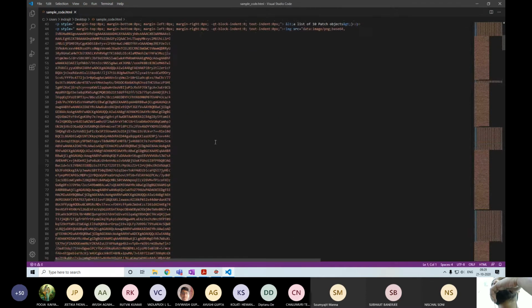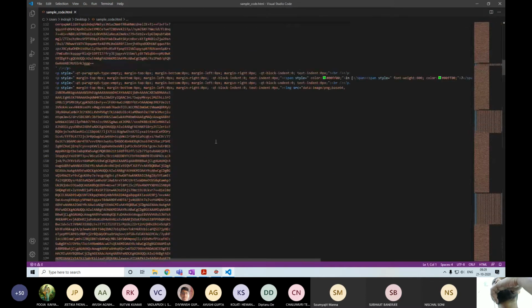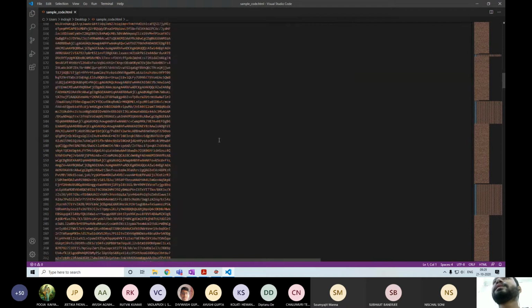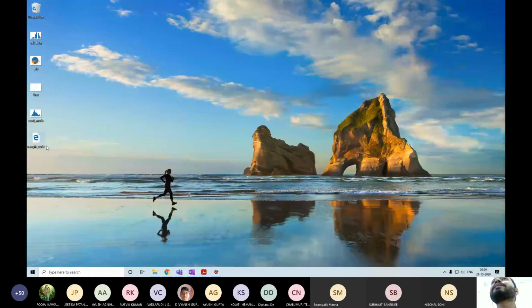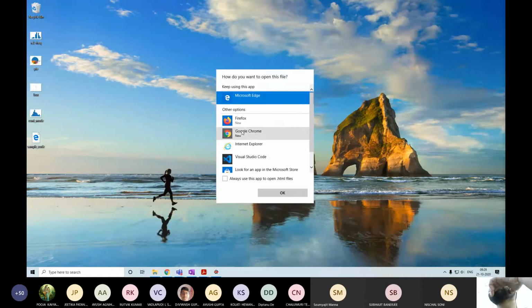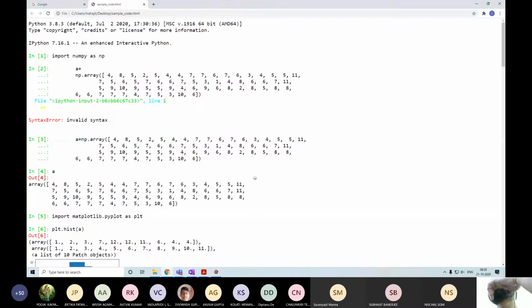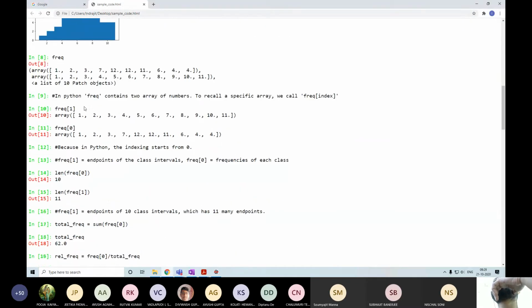Okay, this is HTML code. But if I open it in a browser, let's see how it looks. Okay, it looks fine, I think. In a browser, it looks fine.